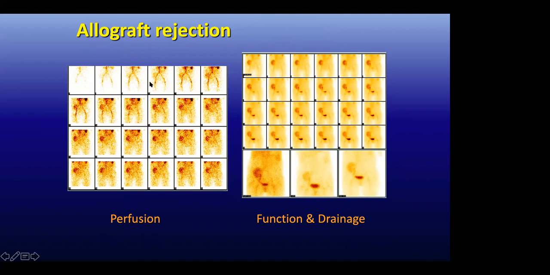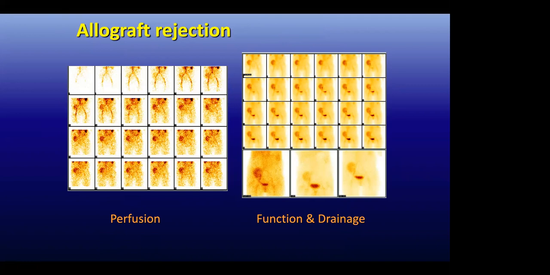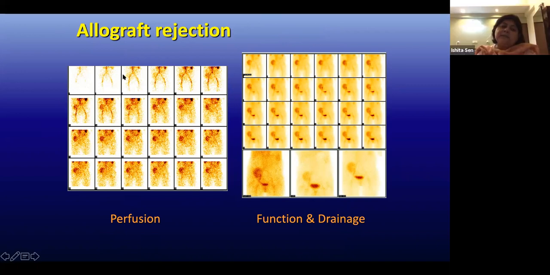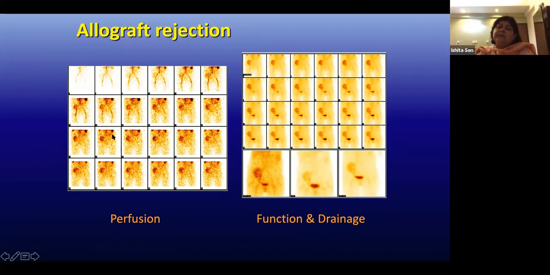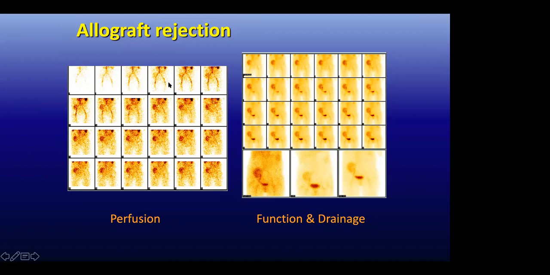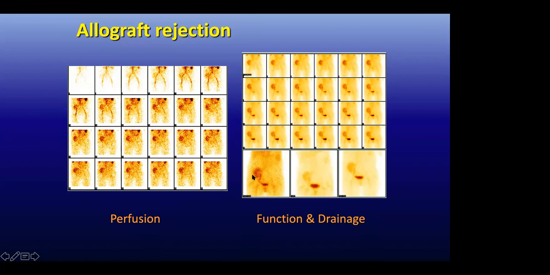This perfusion delay is not because of anything else, but because of the edema which happens in the kidney and in the renal vessels, which causes the perfusion to be delayed and reduced, and then subsequently the function also gets deteriorated as the degree of rejection increases. So the first thing which you see is a reduced and delayed perfusion, and you may see a delayed renal parenchymal transit.